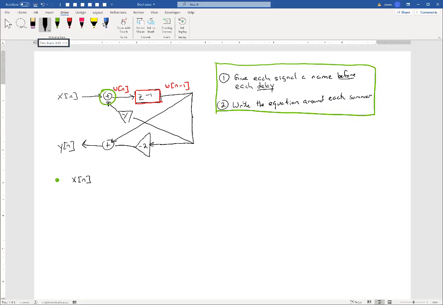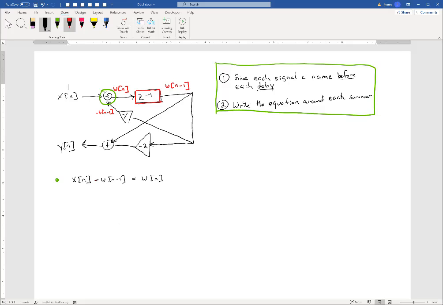And so that becomes a minus W of n minus 1 signal. Now, the cool part about if you do step 1 correctly is every single signal line will have an unambiguous name. So again, finishing up that first summation line, we have X of n going in, we have a minus W of n minus 1 going in. And what comes out is going to be W of n.